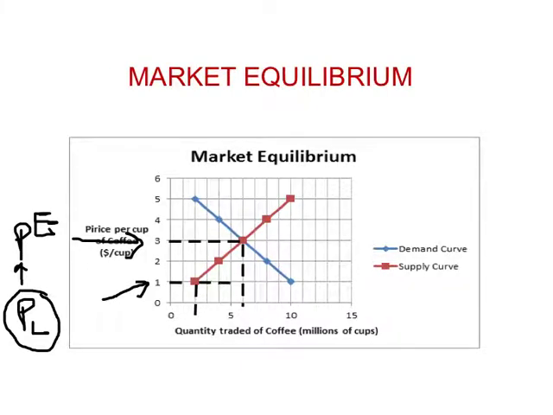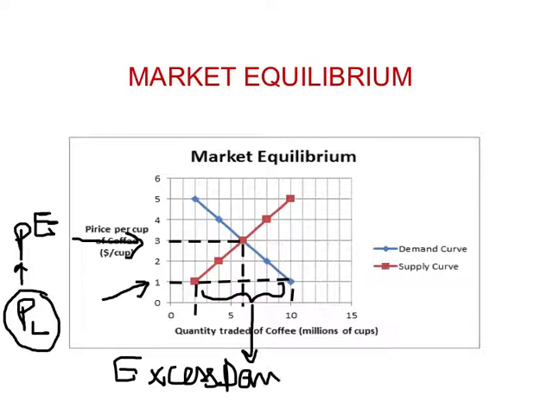How much is quantity demanded by consumers of Starbucks coffee? 10 million cups. Or what we have is a situation where demand is greater than supply, or we could call this a situation of excess demand or a situation of shortage.